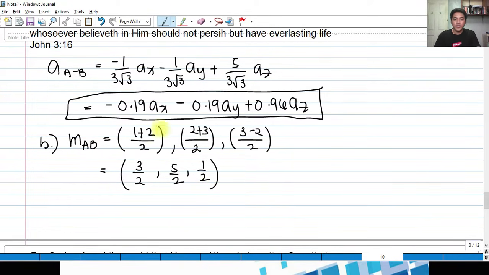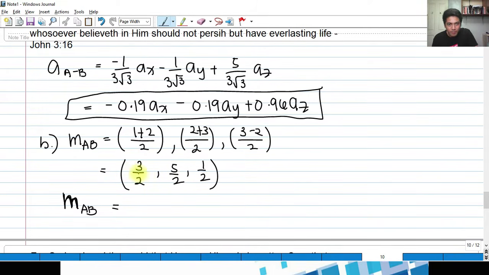The problem is actually asking us for the unit vector of the vector that we're going to form from the origin to this midpoint of AB. To get the vector, emphasize the vector, this is only the point of the midpoint of the 2 points given. So we're going to get it now from the origin.